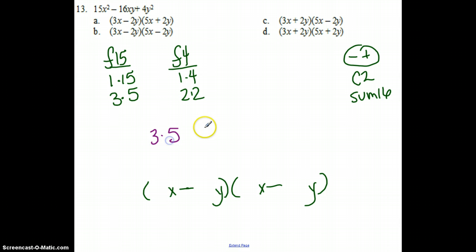So start with 3 and 5 and 2 and 2. So I want to be able to set this up so that I can get a sum of 16. So 2 and 5 would give me 10 when I multiply them together, and 2 and 3 would give me 6, and I want to make sure that these two give me a sum of 16, which they do.